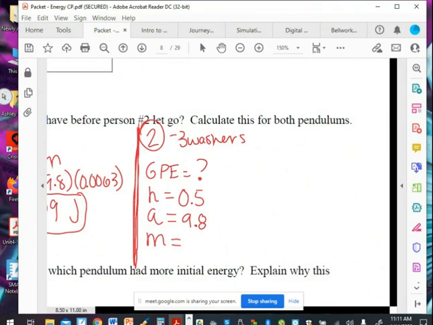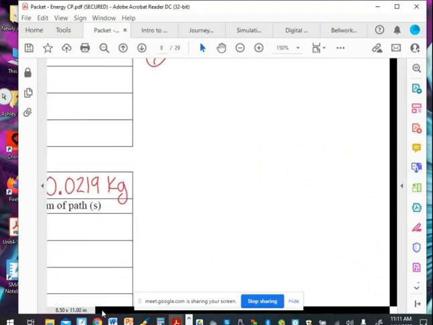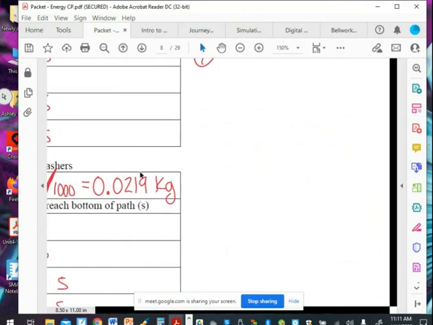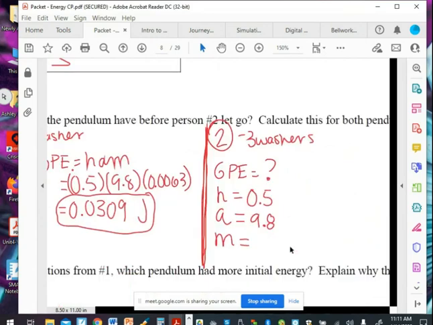But this time, use the mass that we converted to in data table number 2. So it'll be this number right here, in your second data table. For me, that was 0.0219. Again, kilograms, but I'm not going to worry about my units in here, just for space.